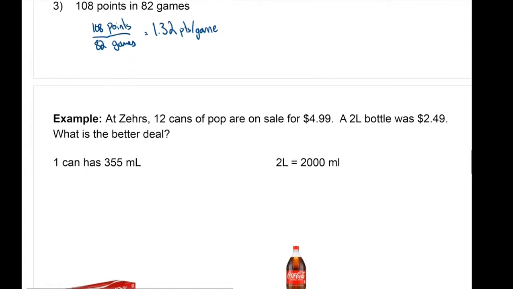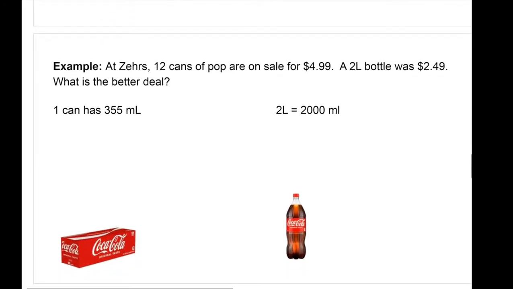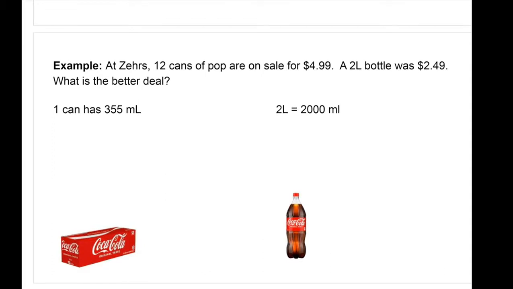So an example, at Zehrs, 12 cans of pop are on sale for $4.99 and a 2-liter bottle was $2.49. What is the better deal? If one can has 350 milliliters and again 2 liters is 2,000 milliliters, which one was the better deal?